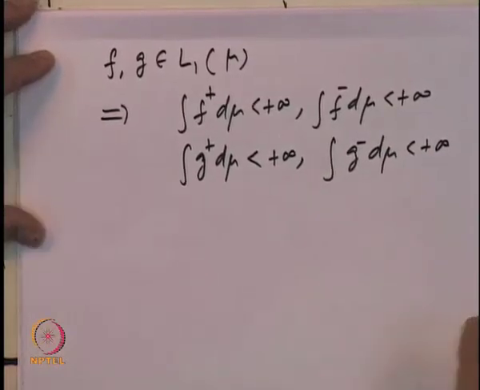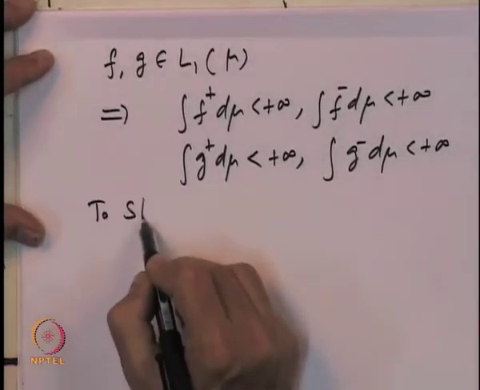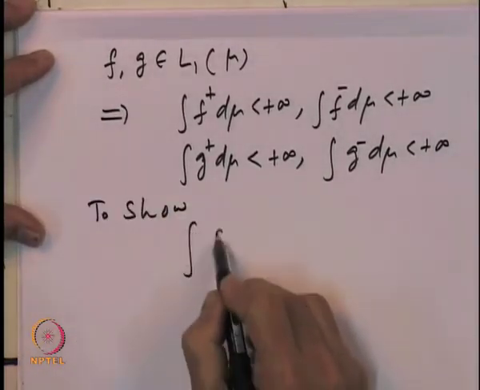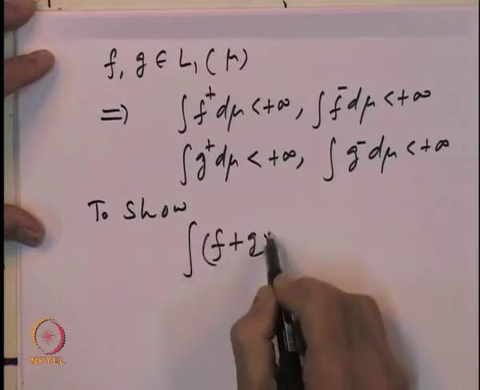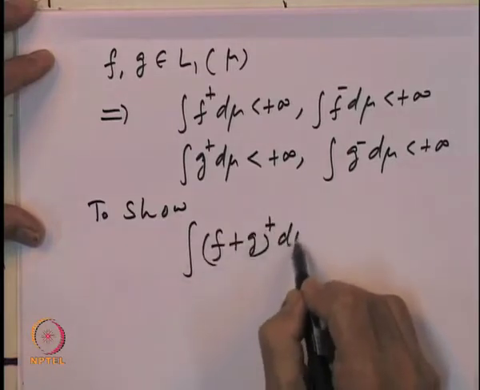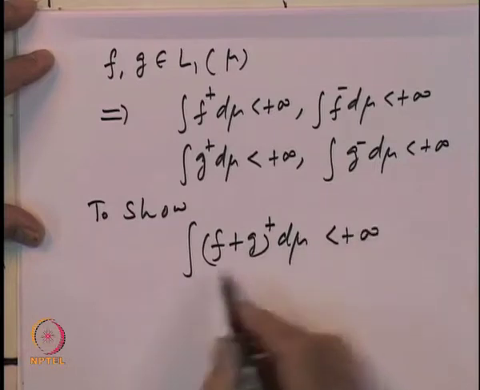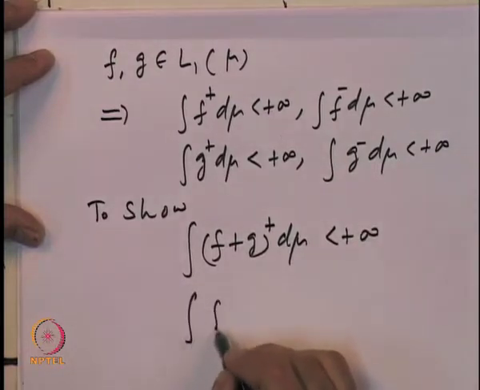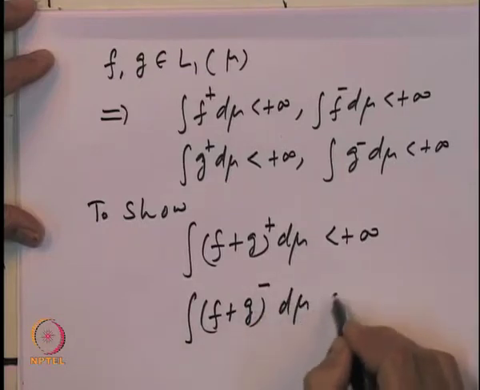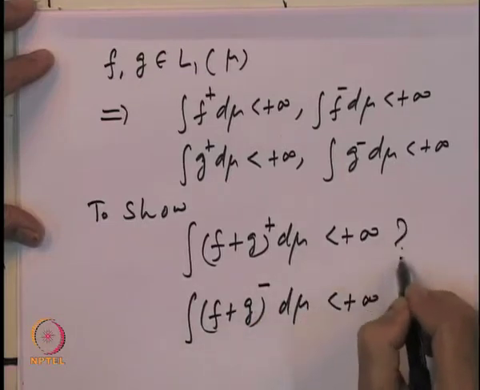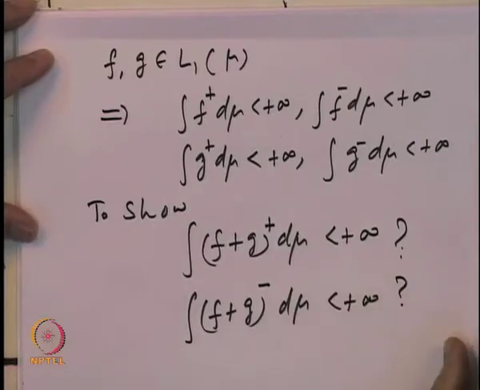And we have to show that the integral of (f plus g) plus dμ is finite and the integral of (f plus g) minus dμ is finite. So, these two properties we have to show.